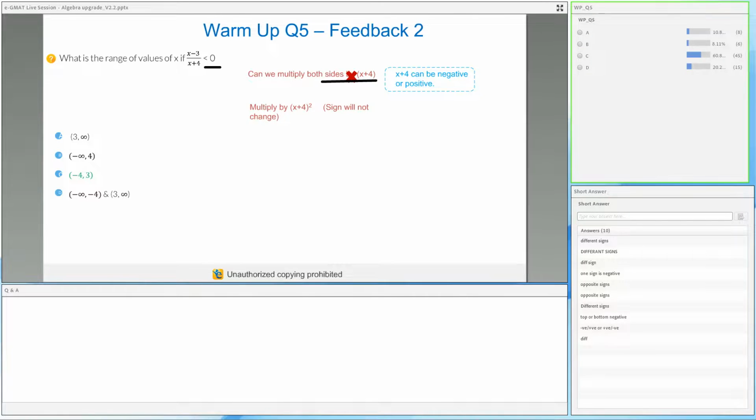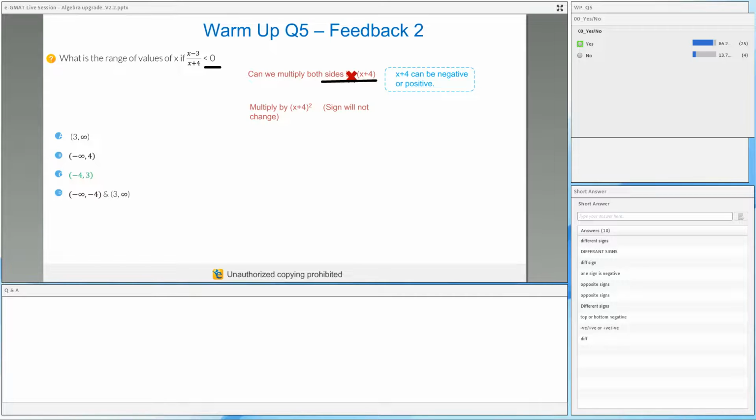Kindly mark yes if you understand this. I am going to explain it. Why am I multiplying with (x plus 4) whole square? You might wonder, why am I doing this? I just told you that I don't know the value of x. Understand, a perfect square is either positive or 0.